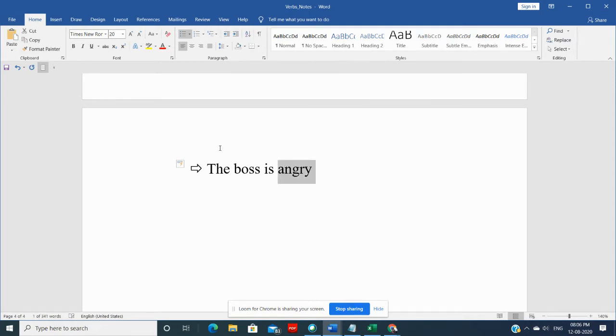Now this word angry is our complement because is is our incomplete verb and angry is completing it. So angry becomes the complement. Now this word angry tells us something more about the boss.